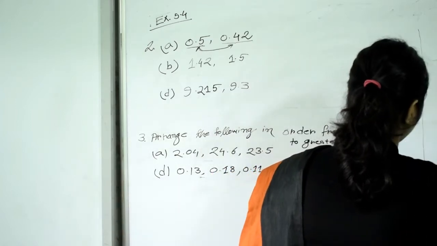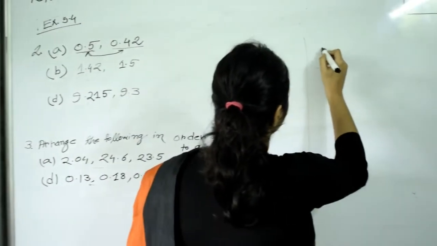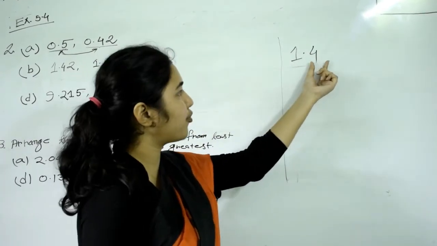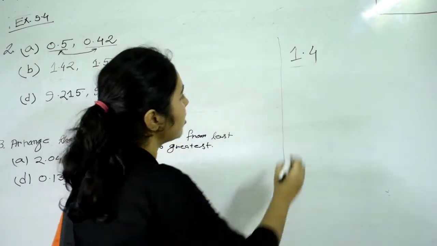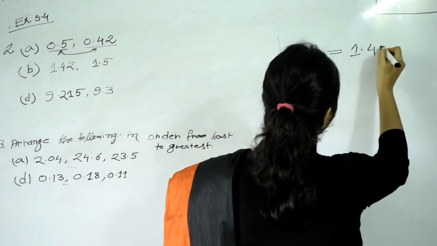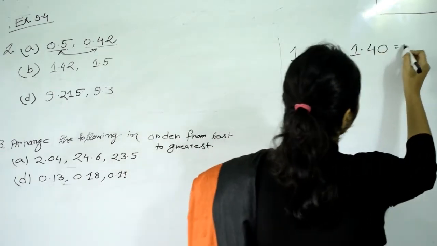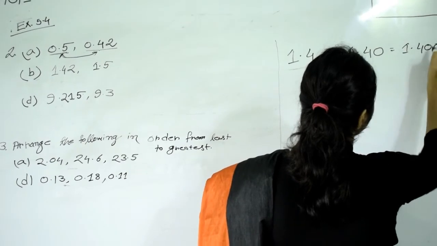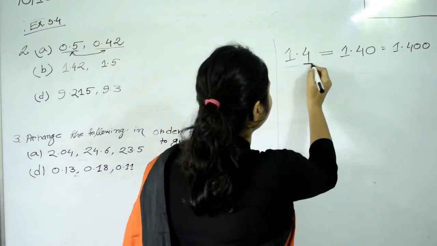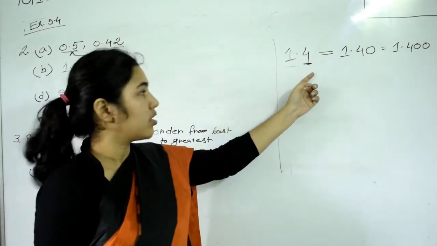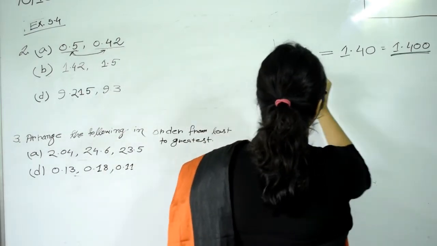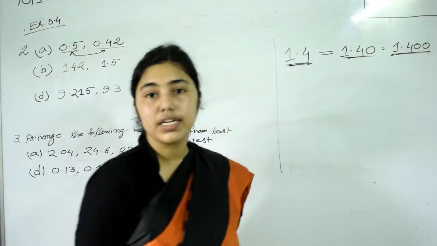First, look at here, 1.4. Here 1 is the whole number and 4 is our decimal part, right? So this number is equivalent to 1.40 or 1.400. We can add zeros after the last decimal place, then these two numbers are equivalent.